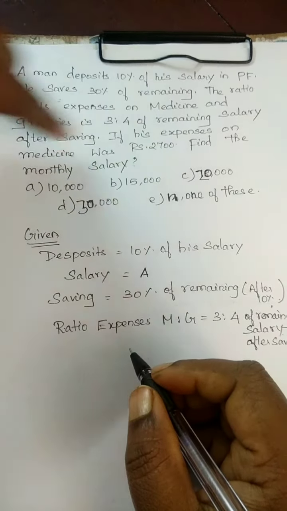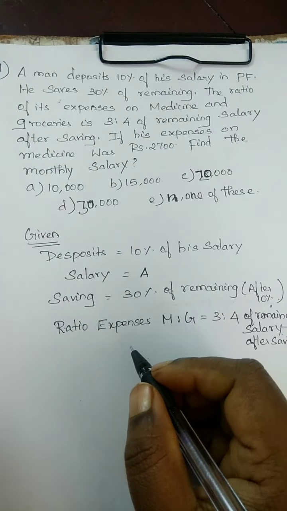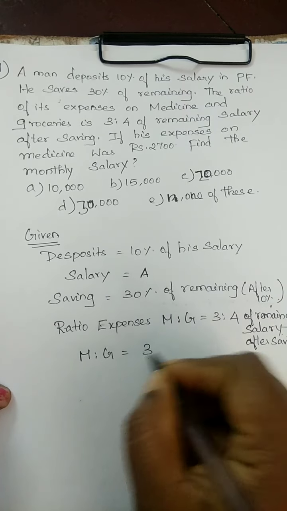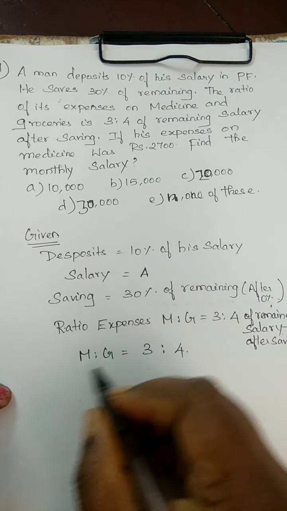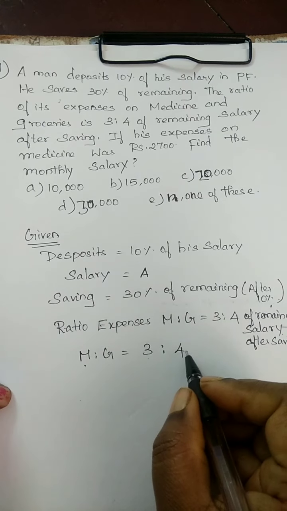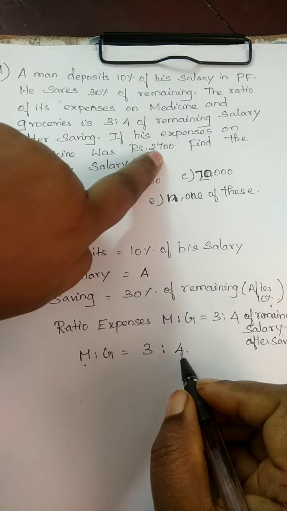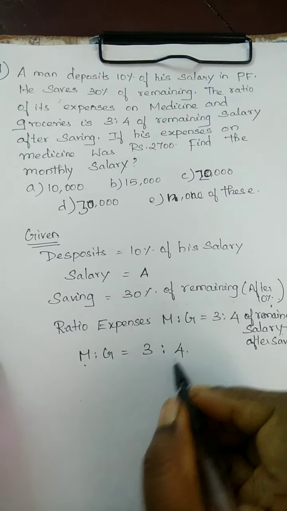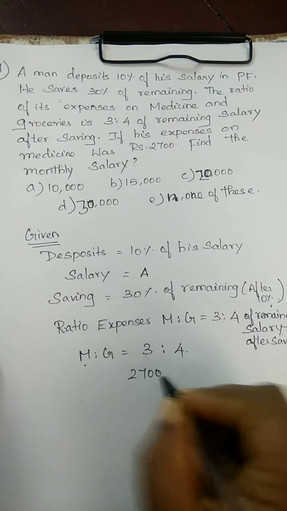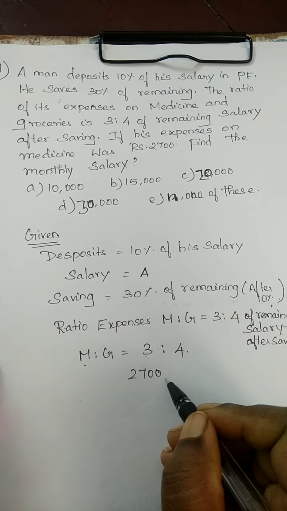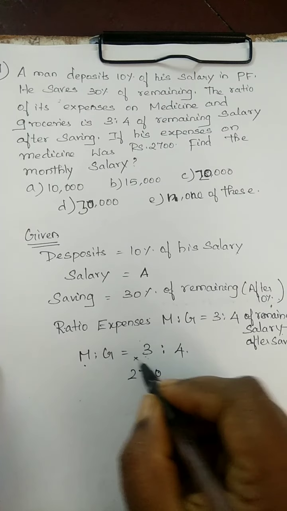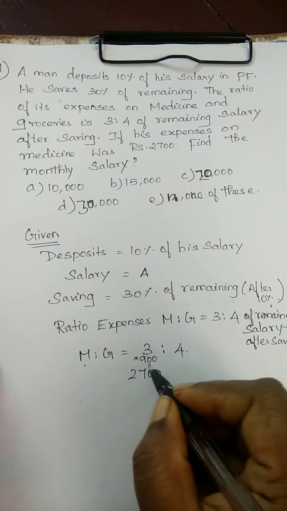If his expenses on the medicine was rupees 2,700, here they given an important clue: 3:4. M is nothing but medicine and G is grocery. They given medicine expenses rupees 2,700. So here medicine is 3. Below 3 write 2,700. How will we get 2,700? By multiplying 3 with 900 we will get 2,700.